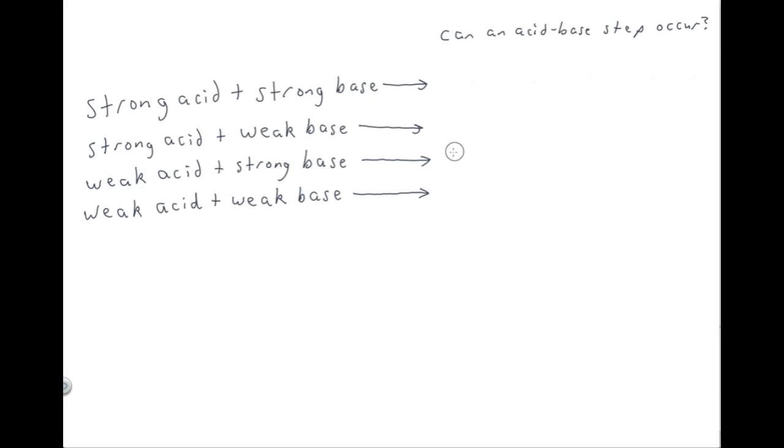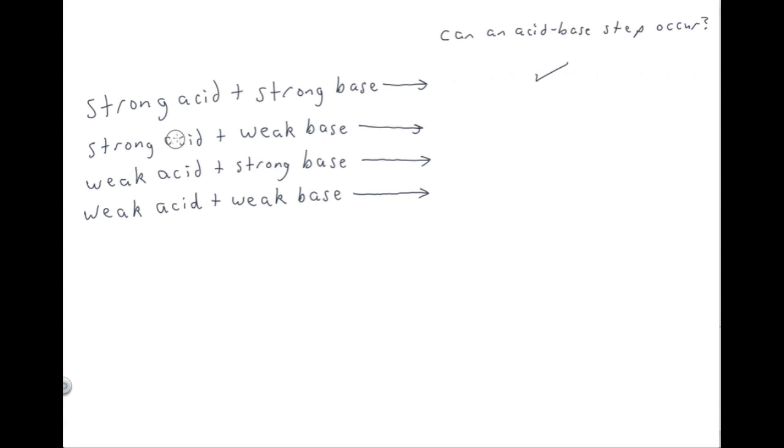Let's consider when you combine various types of acids and bases. Sometimes an acid-base step can occur, but sometimes the starting materials are not reactive enough for an acid-base step to occur. So do you think that a strong acid can react with a strong base? I hope you said yes. Remember, strong means reactive. These are both reactive, so here we would have an acid-base step. I'll make a check mark here to show that yes, in this case, an acid-base step can occur.